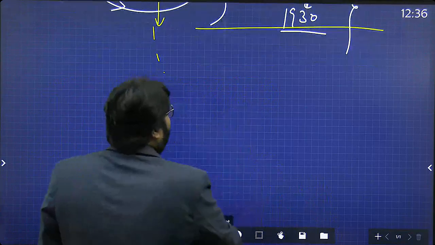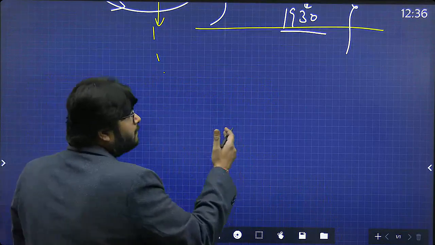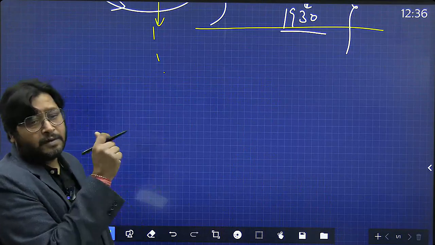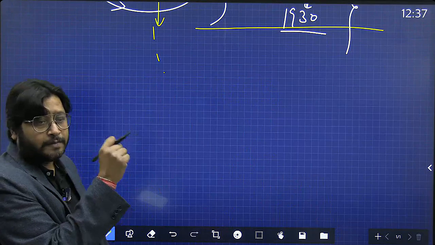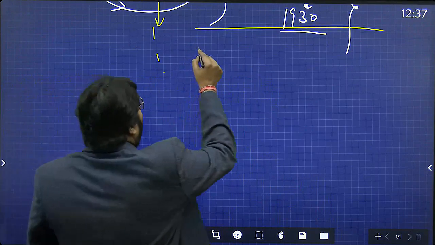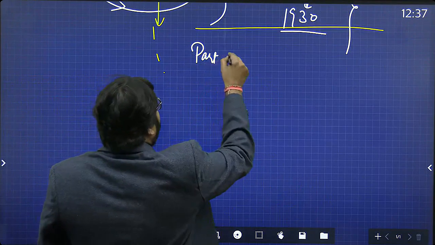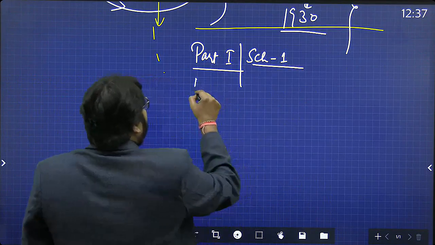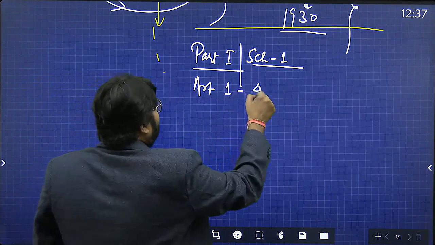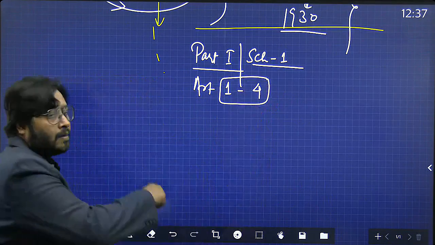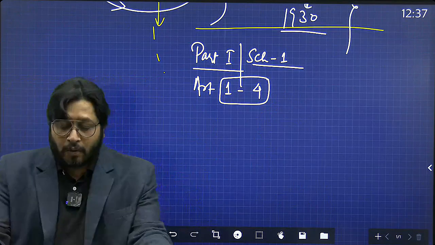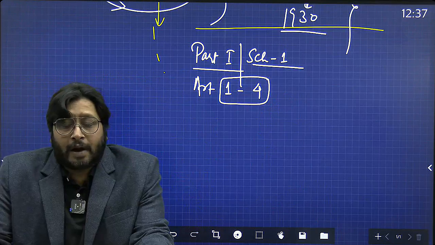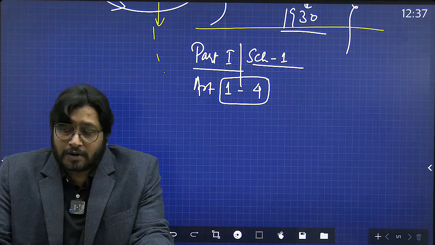Fine. So obviously different parts or different provisions relate to different aspects of the state or Indian polity. Now, when you think of Part One, Schedule One, Articles 1 to 4, what is this dealing with?